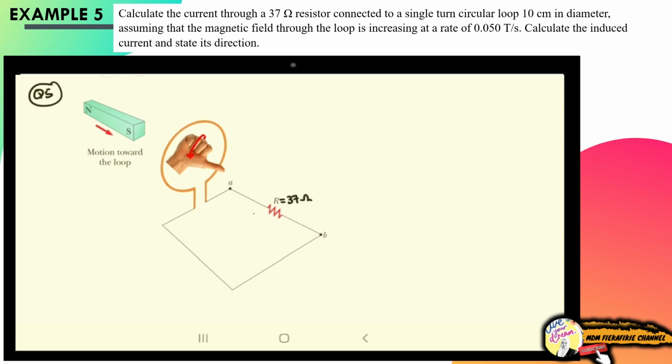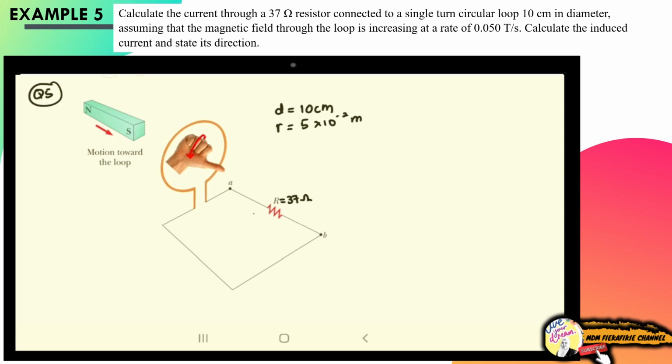The resistor is connected to a single turn circular loop where the diameter is given 10 centimeter. So let's write all the information given. When D is 10 centimeter, then R is equal to 5 centimeter, which is 5 exponent negative 2 meter.